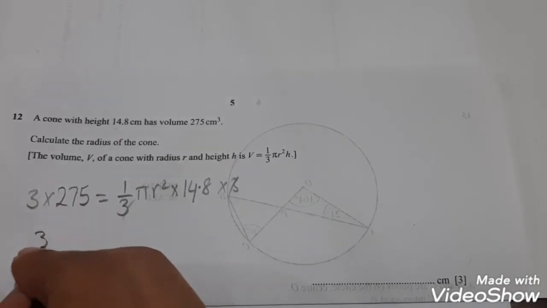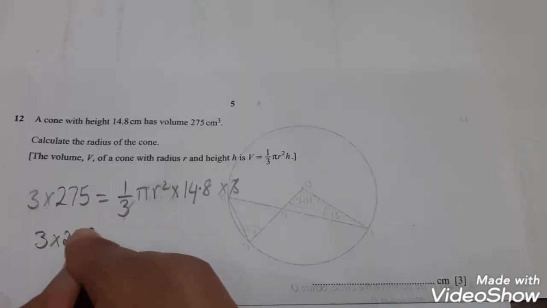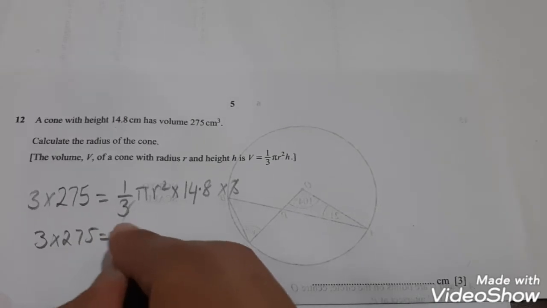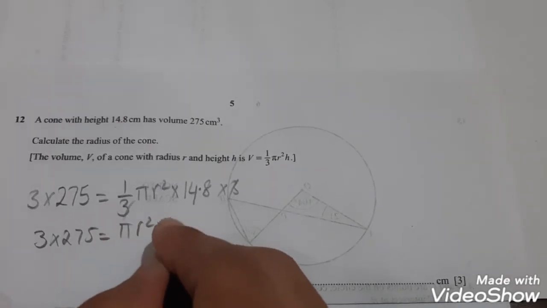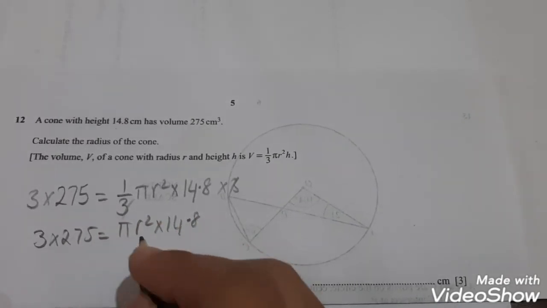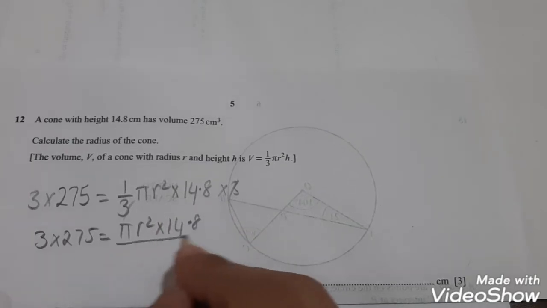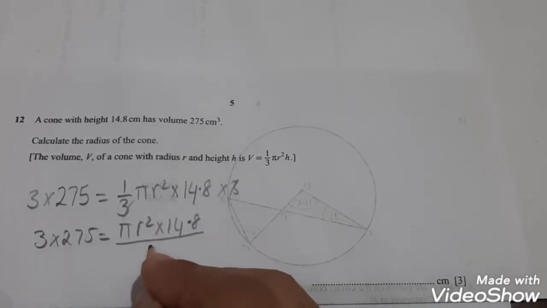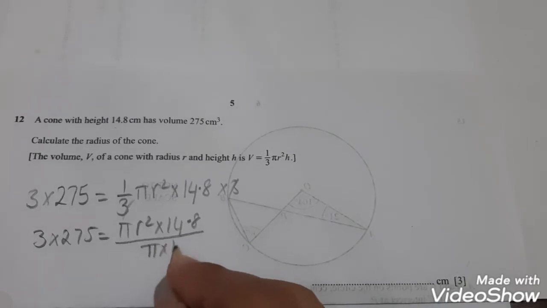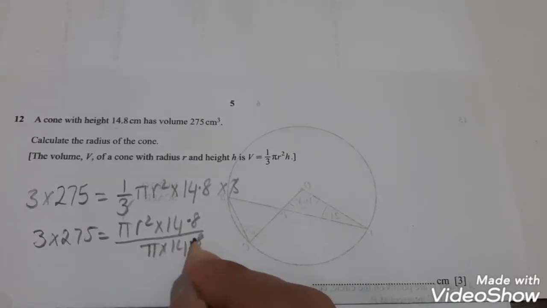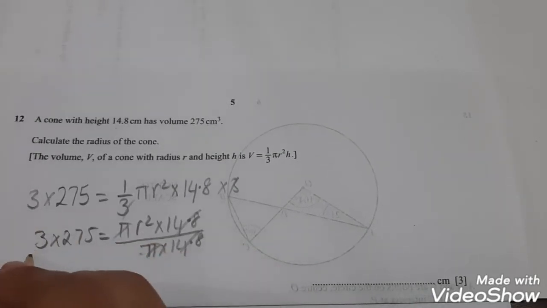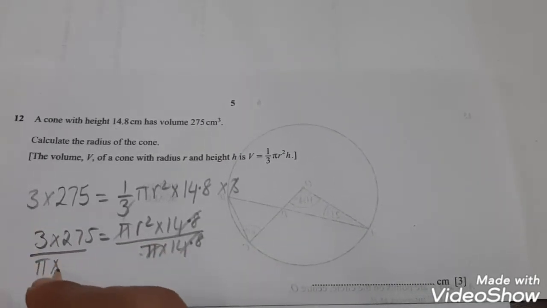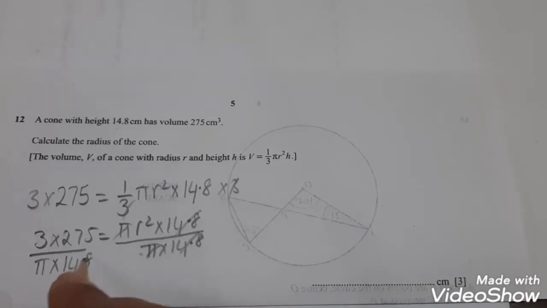Then we will write 3 multiplied by 275 is equal to pi r squared multiplied by 14.8. So then we will move 14.8 and pi to the left side by dividing by pi multiplied by 14.8. We will cancel this out and divide over here by pi multiplied by 14.8.